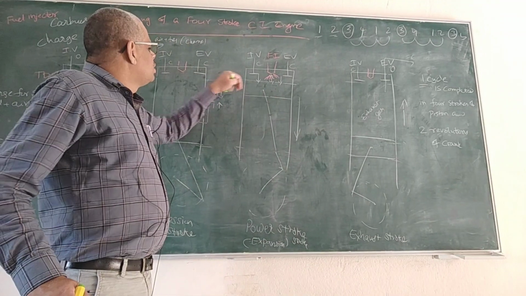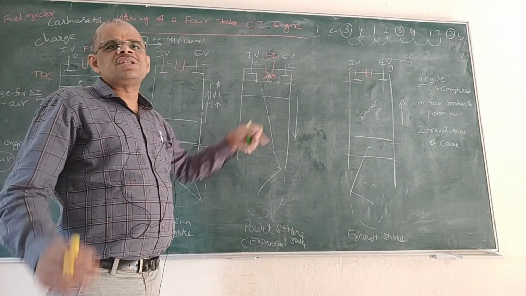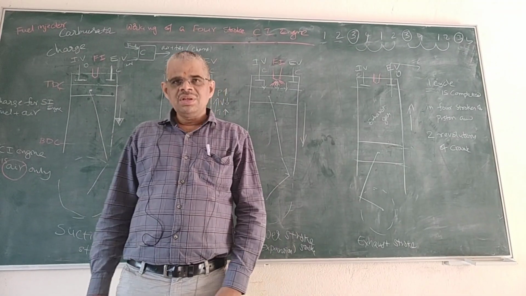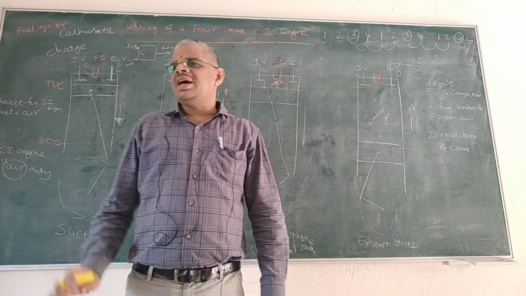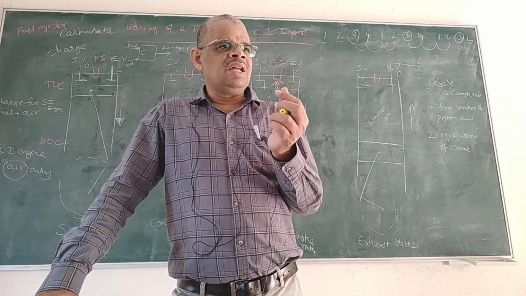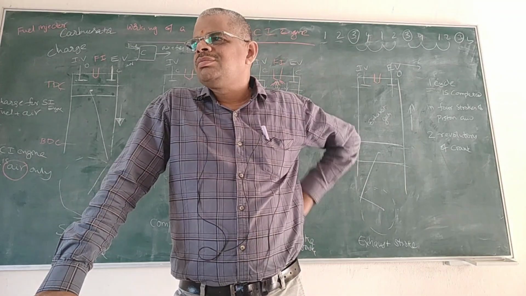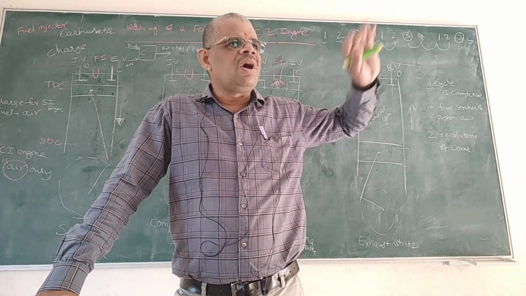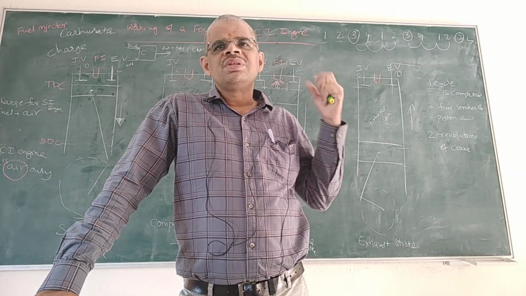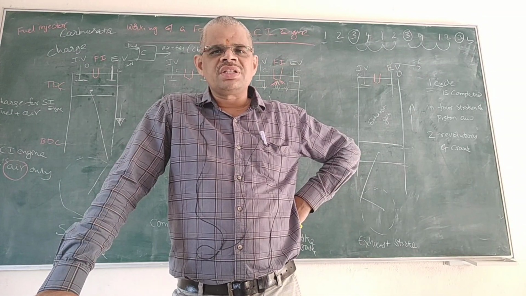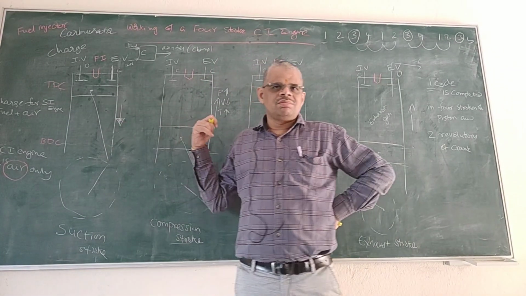So that fuel in the form of vapor is injected into this hot air. Its temperature is very high. In that condition, this vapor ignites by itself automatically. That is called auto ignition. Here you need not give a spark to initiate the combustion process, because of the conditions prevailing in the combustion chamber.